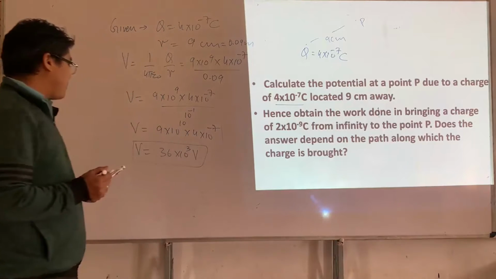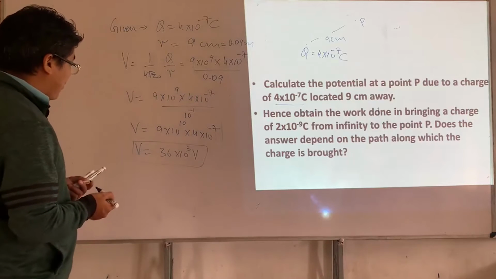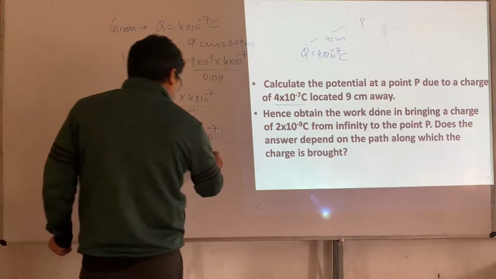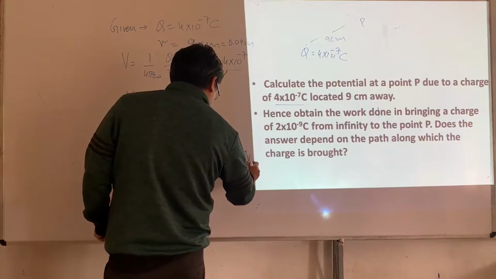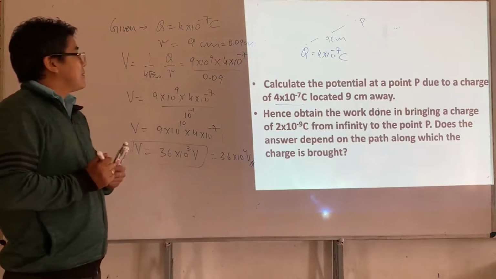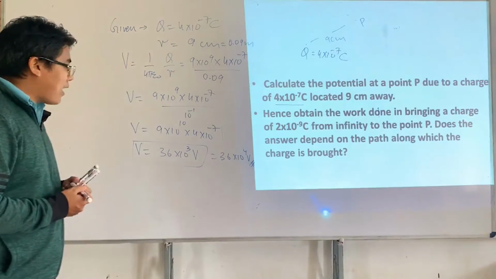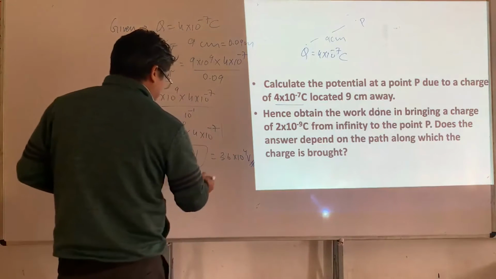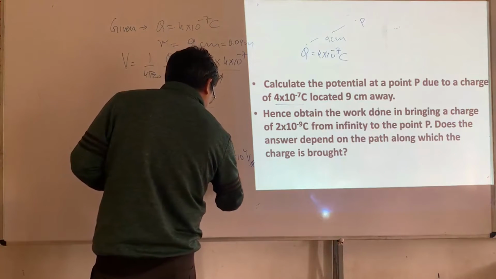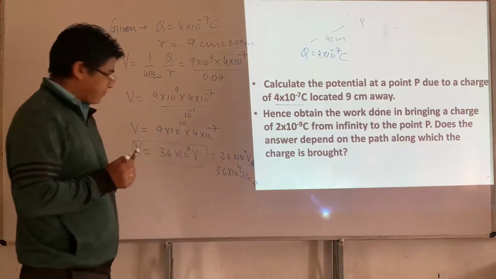So the potential is going to be 36 into 10 to the power 3 volt, or I can say 3.6 into 10 to the power 4 volt. This is the potential, and this can be written as joule per coulomb. This can be written as 3.6 into 10 to the power 4 joule per coulomb. Let's keep it like that.